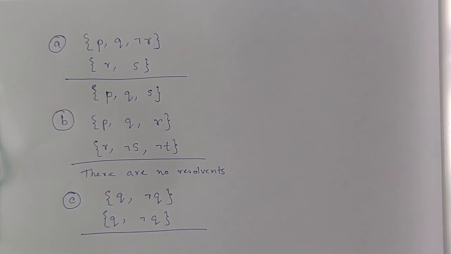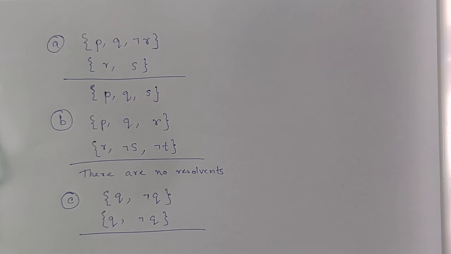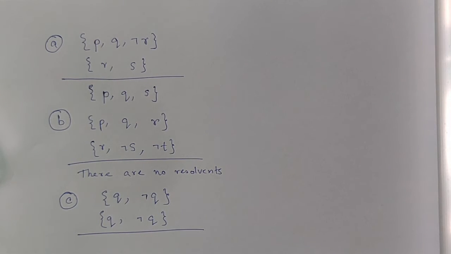Now, how do you resolve? Actually, here there is nothing to resolve. In the premise, both the clauses are the same clause, and hence you cannot conclude anything out of it. It is like you are having only one sentence in your knowledge base and you are told to conclude anything out of it.